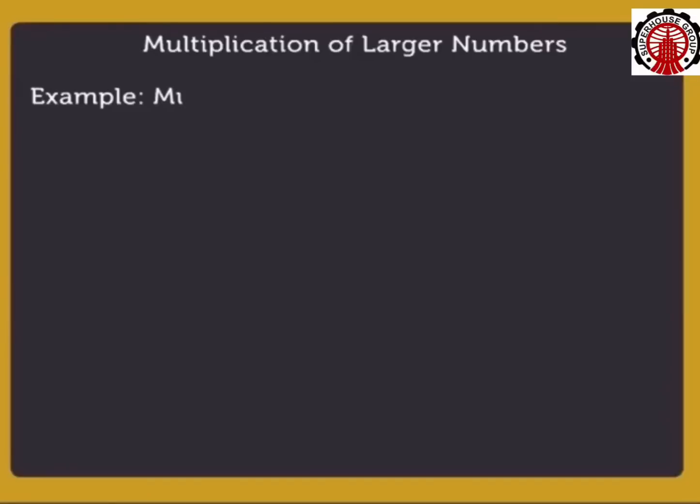Let us multiply 3,987 by 3,124. We can divide the whole process into 5 steps.